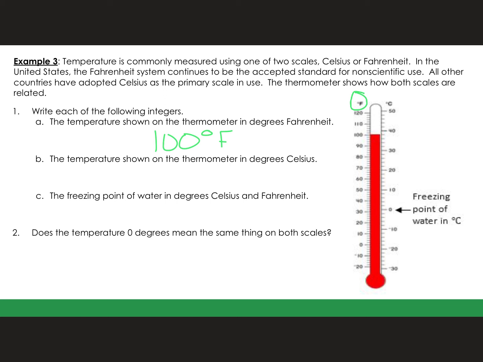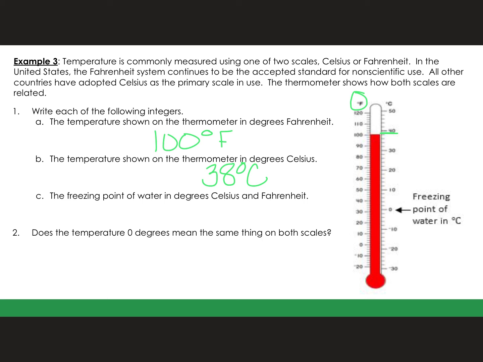The temperature shown on the thermometer in degrees Celsius. Well, I need to look over here, and there's 1, 2, 3, 4, 5 tick marks in between the 10, so that means each one is 2, and the tick mark is at the 4th one, so that would be 38 degrees Celsius.